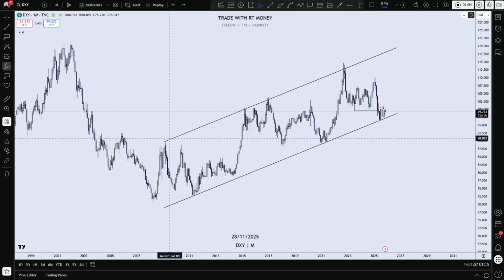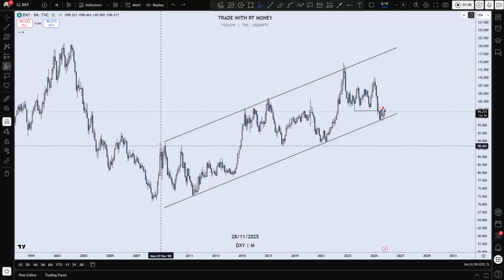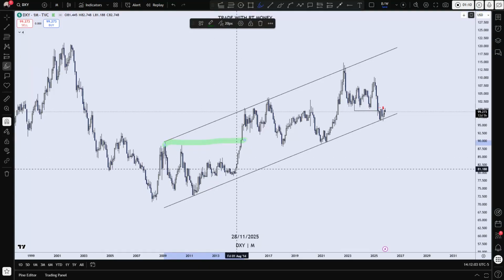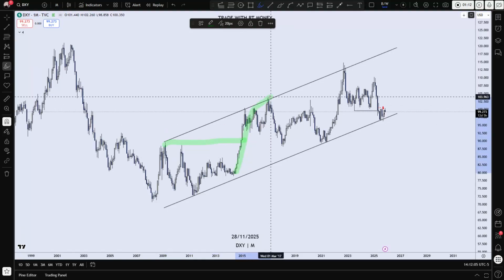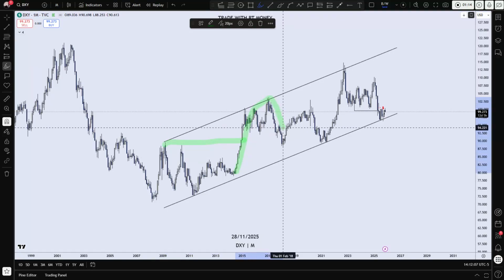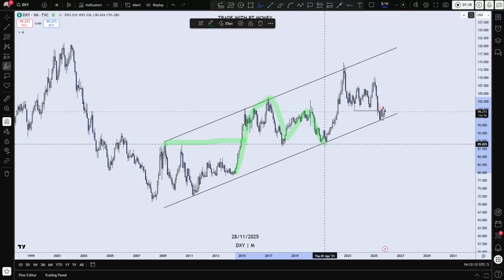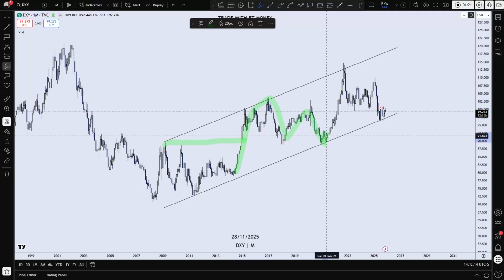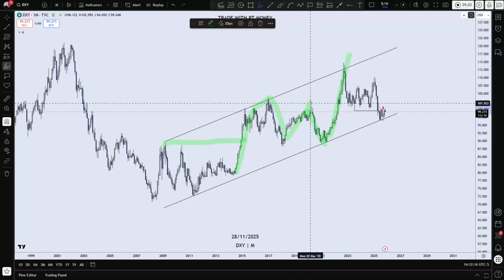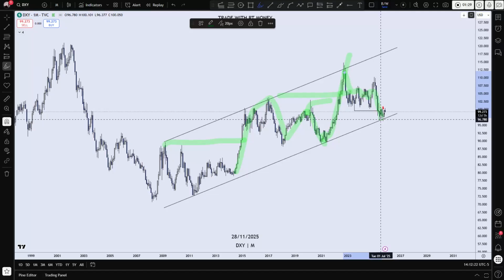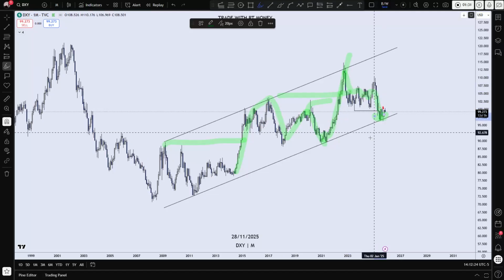And what becomes really apparent is we are making breaks of market structure to the upside. We make a higher high, then we pull back all the way down to make a higher low for the next break of structure, higher high, and we pull back again to make another higher low.